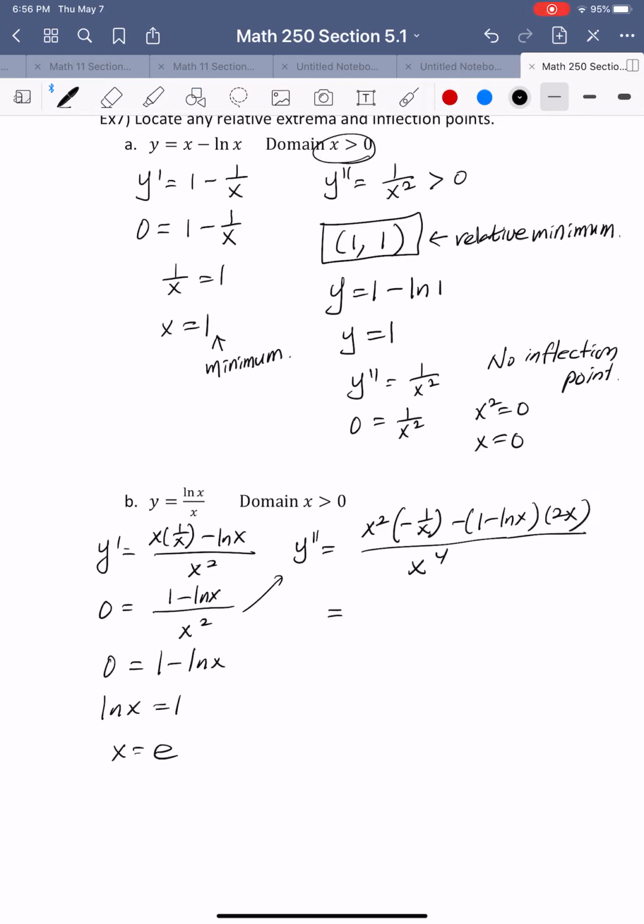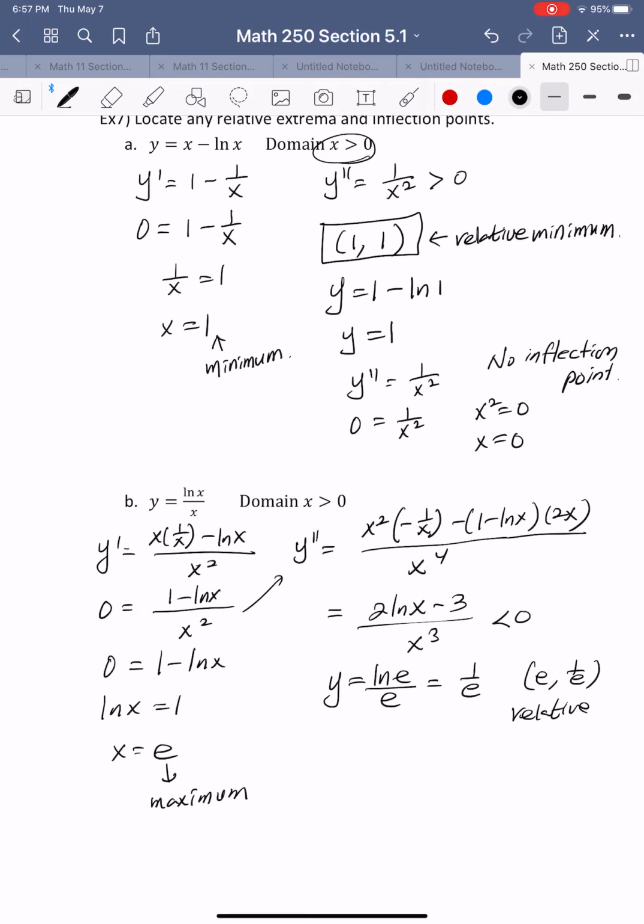And then I get (2 ln x minus 3) over x cubed, which stays negative. So this gives us the maximum. Okay, so plug it in. If you get y equals ln e over e, which is 1 over e. So (e, 1 over e) is a relative maximum.